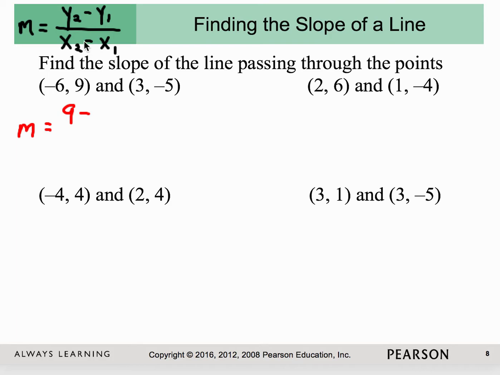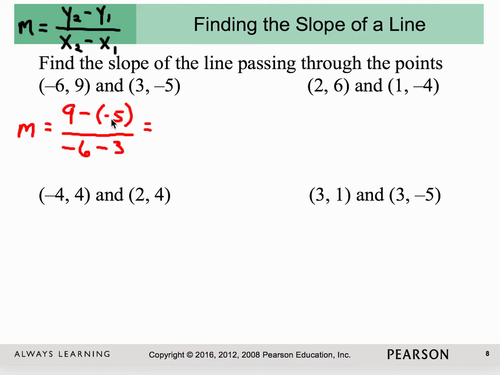9 minus, there's a minus in the formula, now the other y. Now be careful and account for all the negatives. There's a minus in the formula, and this number has a minus, so I got to have both of them in there. Because I started here with my y's, I have to start here with my x's. So -6 minus the other x.